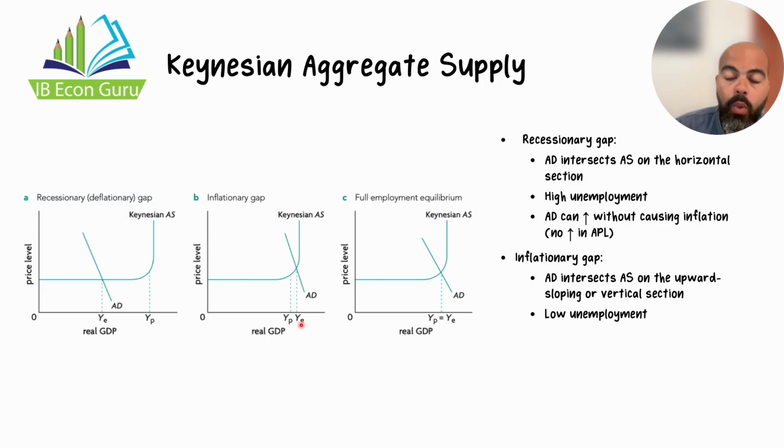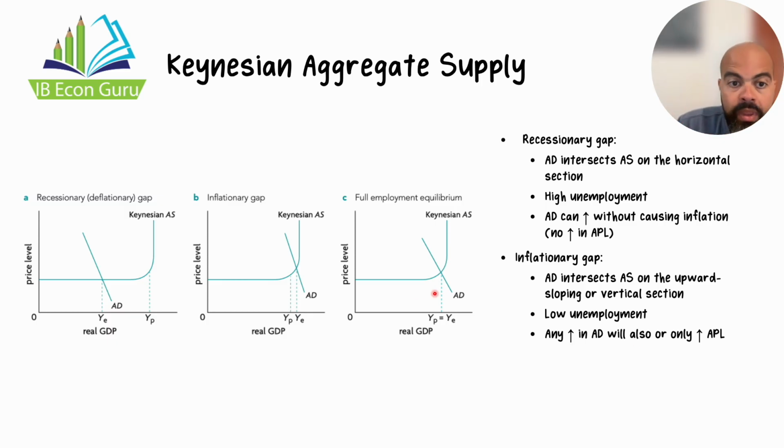When there is an inflationary gap, there is low unemployment. The economy is either approaching or has reached full employment. Any increase in AD will also or only increase the average price level.